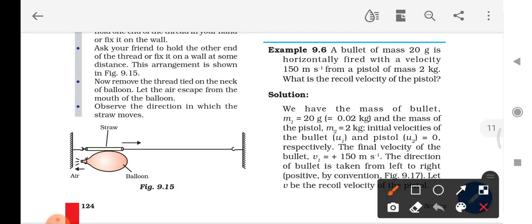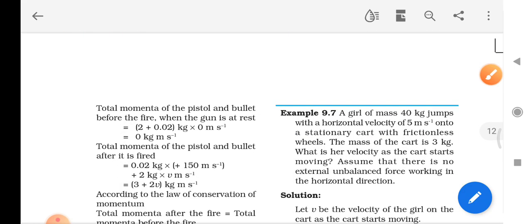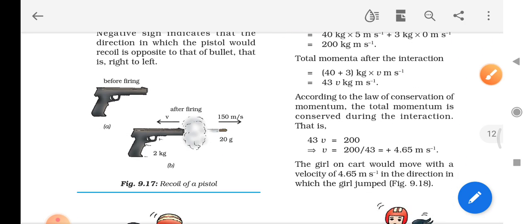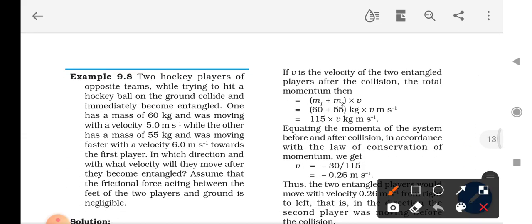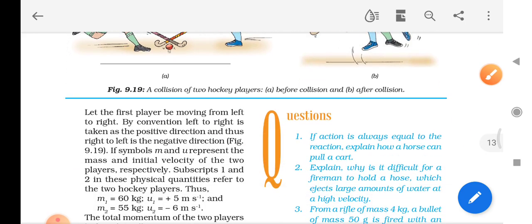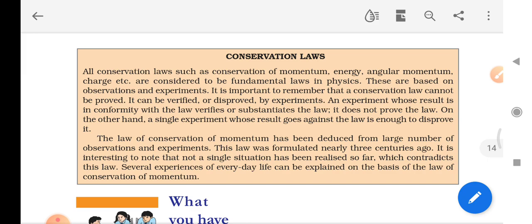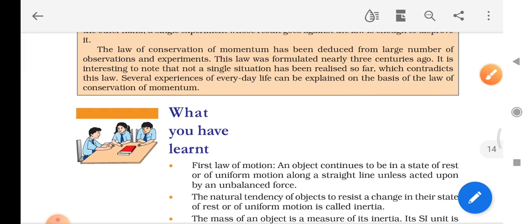Today we completed the example sums 9.6, 9.7, and 9.8. So chapter number 9 is completed.